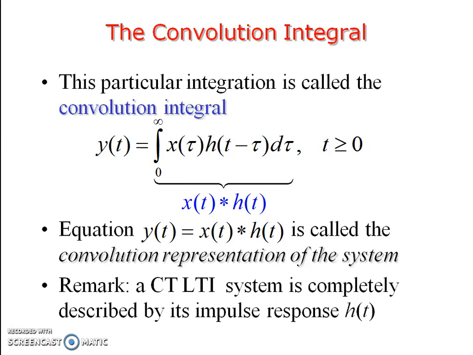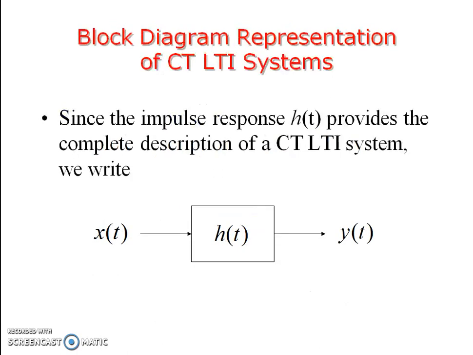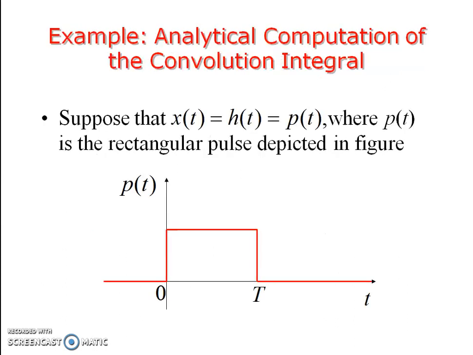The equation y of t equals x of t convolved with h of t is called the convolution representation of that system. Here is the block diagram representation of a continuous time LTI system, where the system has x of t as an input and y of t as an output, and h of t is considered the unit impulse response of that system.